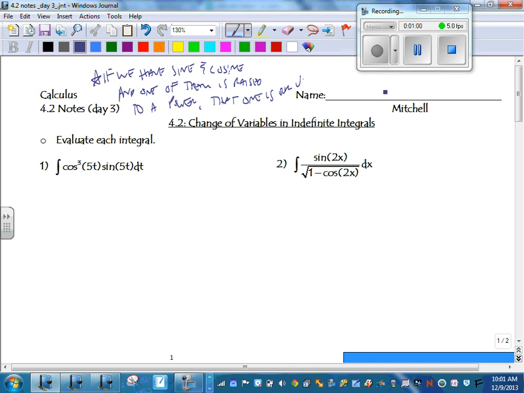Because think about it, sine and cosine are pretty nice and interchangeable with u substitution because each one is basically kind of the derivative of the other with the exception of maybe a positive or negative.